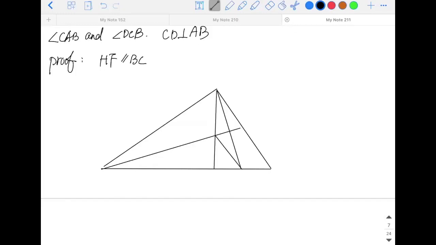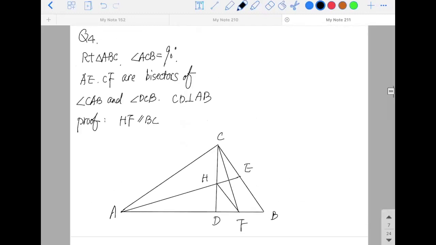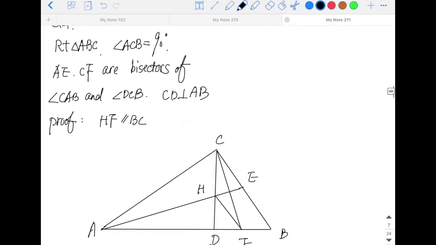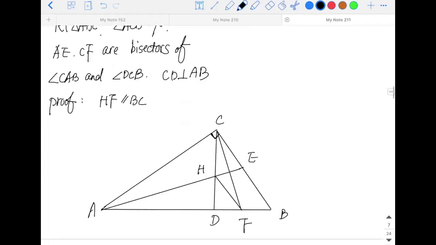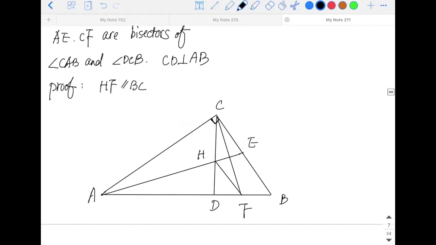Yeah, here is the graph. You have A, B, C, D, H, E, F. Okay, so the question says something like this. You have a right triangle. This right triangle has ACB equal to 90 degrees. Okay, the top is 90 degrees. And AE and CF are bisectors. So it means these two angles are the same, and these angles are the same.